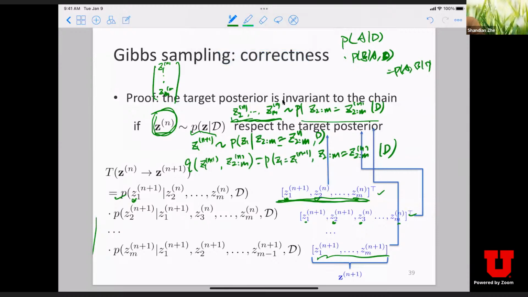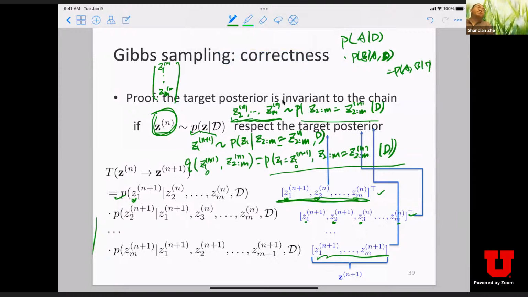So now we can see that actually the probability of this Z1 n plus 1 mixed with Z2n to Zmn follows the true posterior, right? Does it make sense?